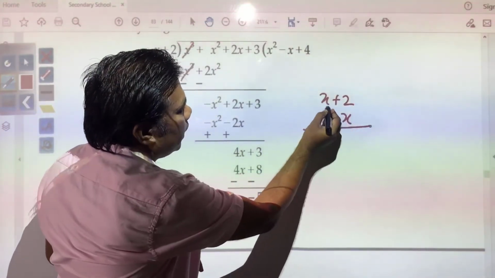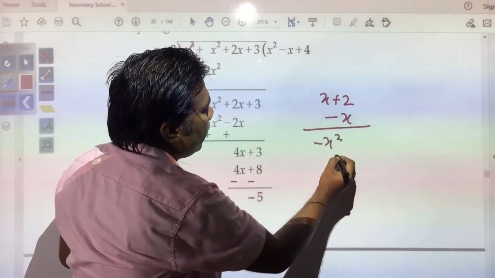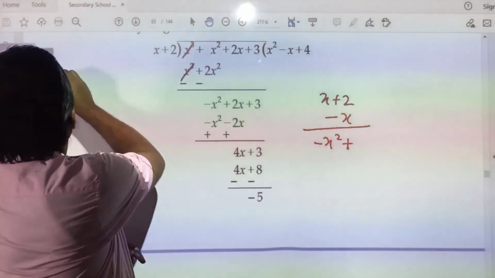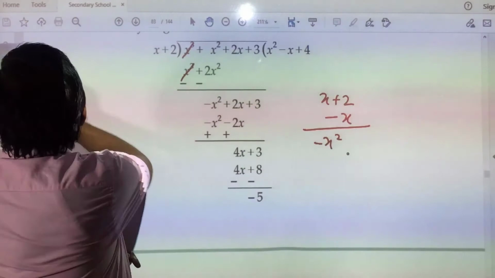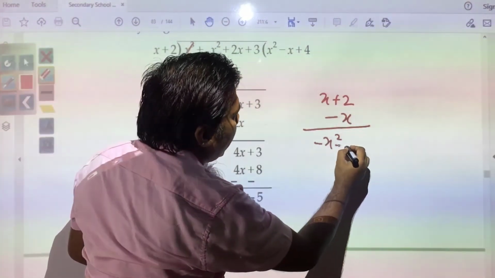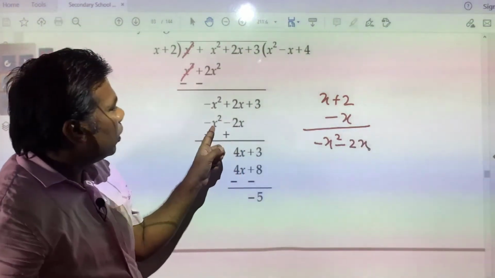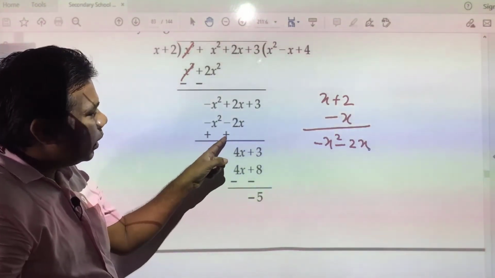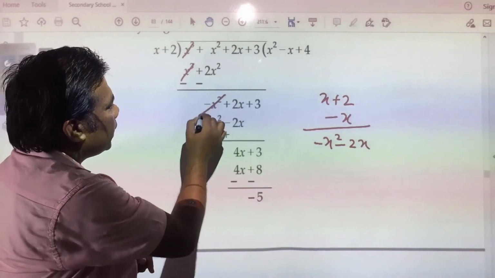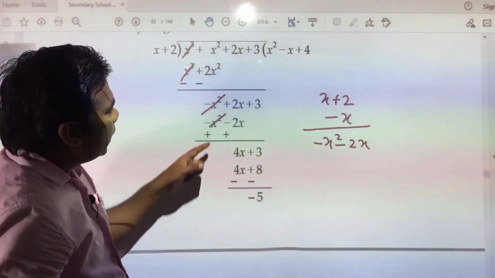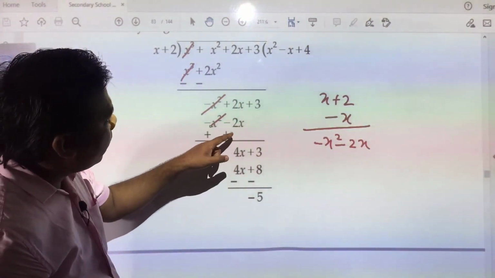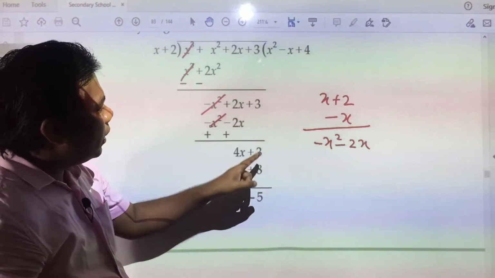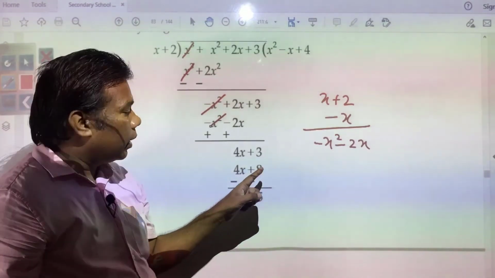So, −x into x is −x², −x into +2 is −2x. So, −x² − 2x we have written, sign is required to be changed and −x² will be cancelled and you will be left with 2x + 2x, that is 4x, and next term you have 3 has been taken down.